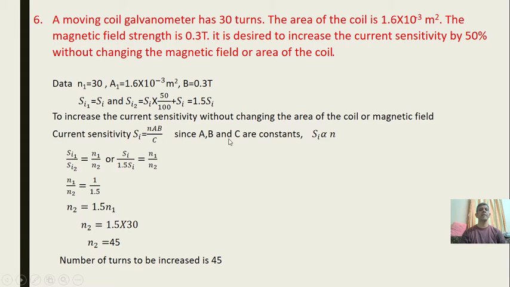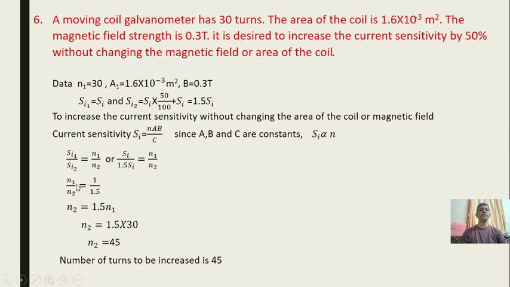Since A, B and C are constants, the current sensitivity SI is proportional to N, that is, the number of turns. This can be written as SI1 by SI2, sensitivity of 1 divided by sensitivity of 2, is equal to N1 by N2. Here the sensitivity of 2 is given by 1.5 times SI.